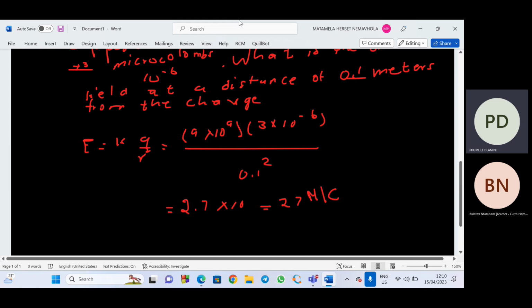It's 9 multiplied by 10 to the power 9, and then 3 multiplied by 10 to the power negative 6, divided by, in brackets... How much did you get?